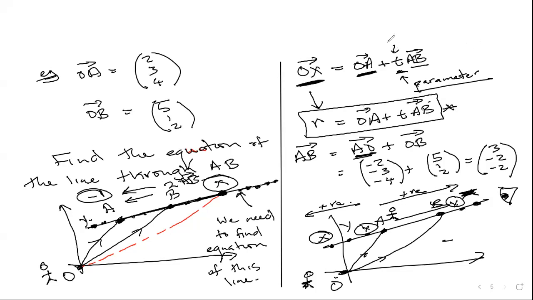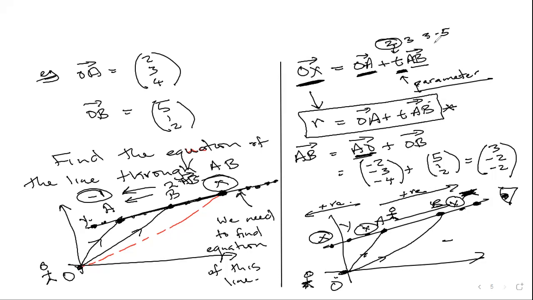And if I tell you to go 2 miles from O along AB, then you end up at the point X. Suppose it's 3 miles, or 3, whatever the unit is. Any point can be represented. You will reach any point on the line as long as you know what the parameter is.